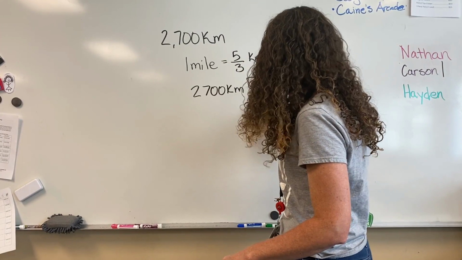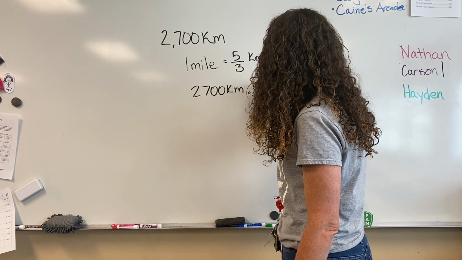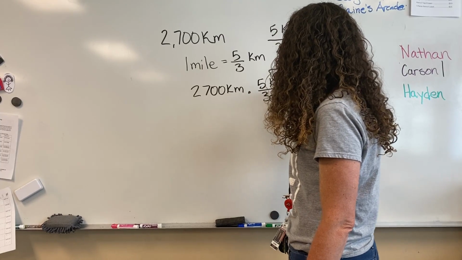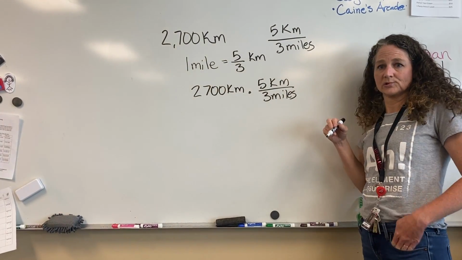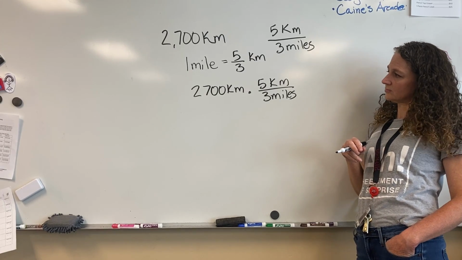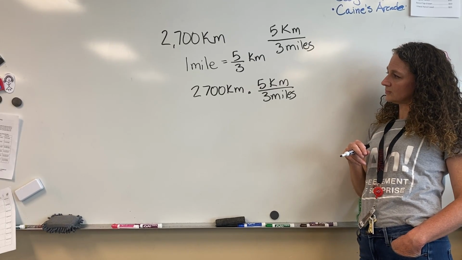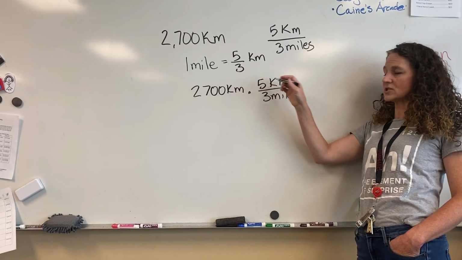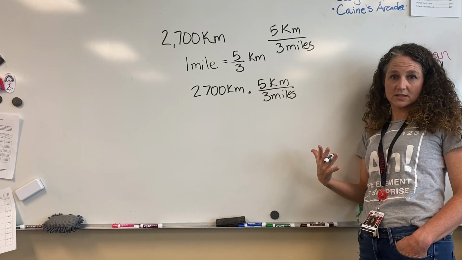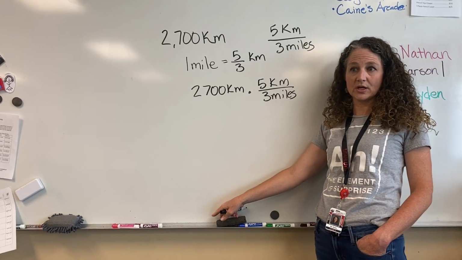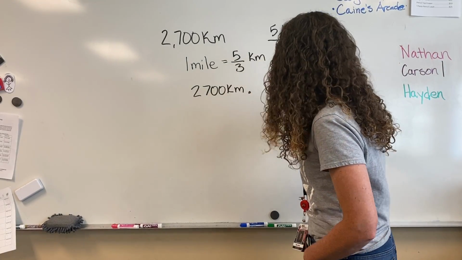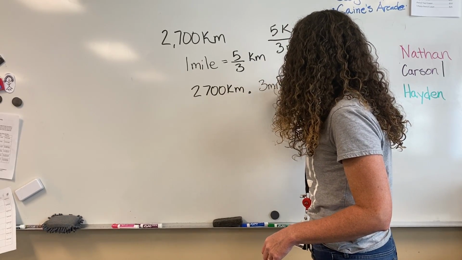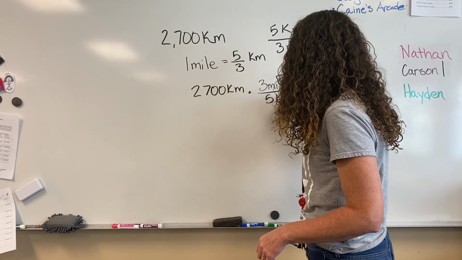Okay? So if I say times 5 kilometers per 3 miles, does that give me what I want? No, because you want to put the kilometers on the bottom, because right now I have kilometers times kilometers. Do the kilometers cancel? No. I need 3 miles per 5 kilometers.